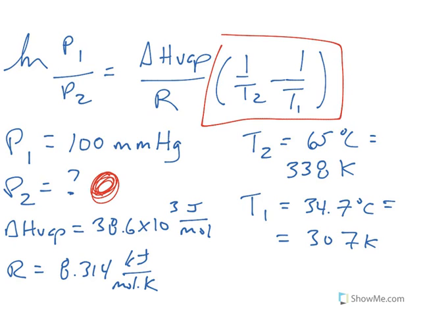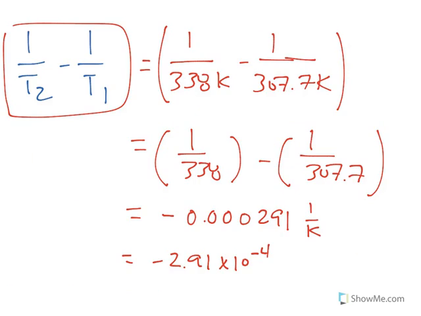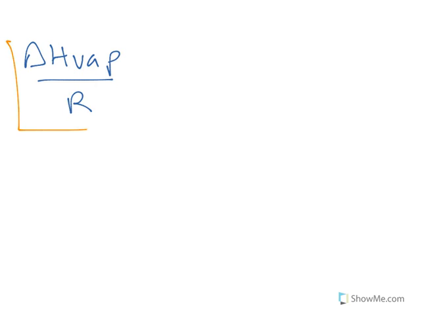All right, so I'm going to do another chunk in yellow. That's going to be the delta H of vaporization over R. So this one will be quite straightforward because we're dealing with constants.